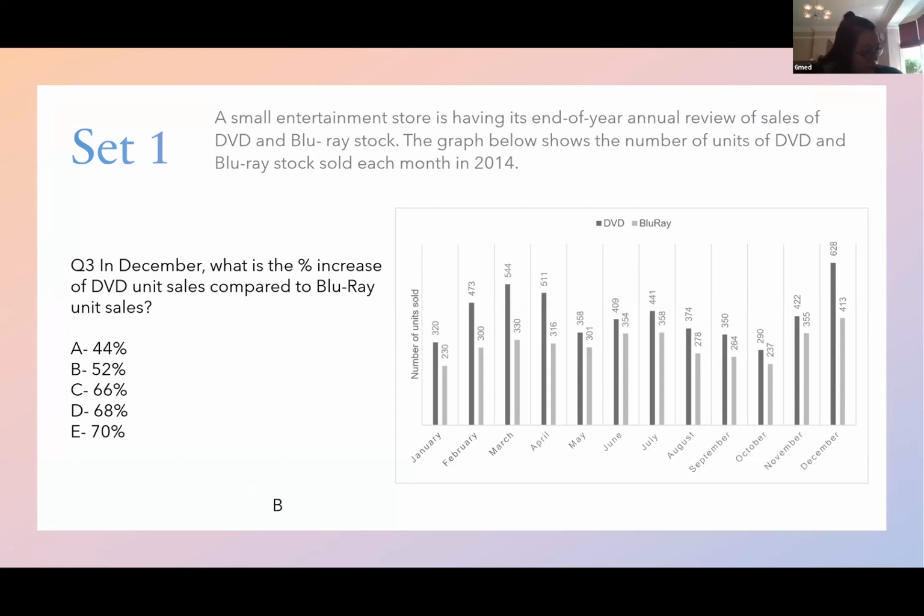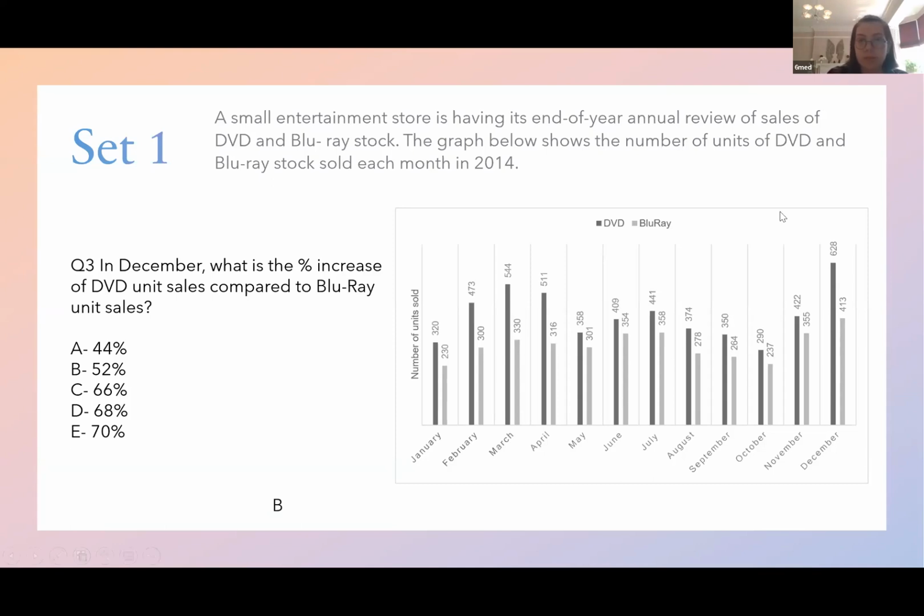So when we're thinking about calculating percentage increase, this question asks us just to look at the December figures. So for December, the DVD sales were 628 and the Blu-ray sales were 413. And the question's asking what's the percentage increase of DVD when you compare it to Blu-ray.